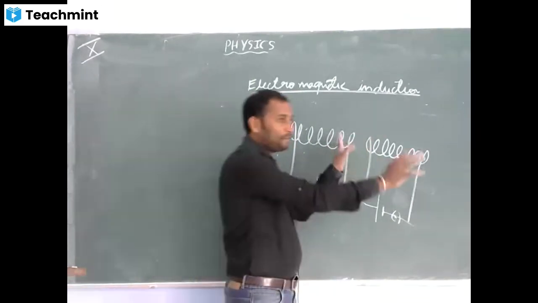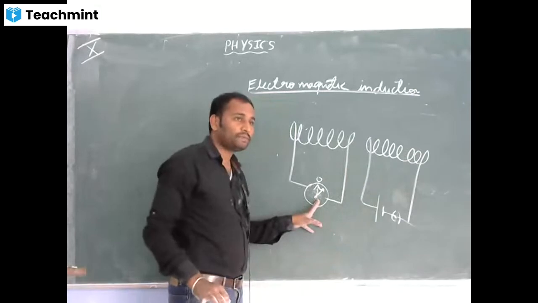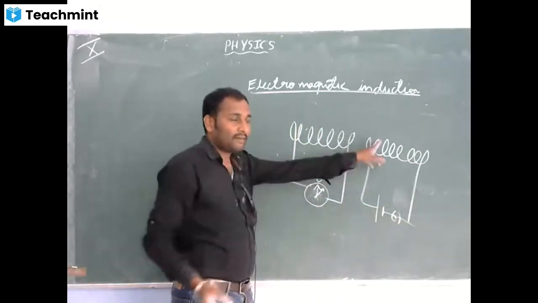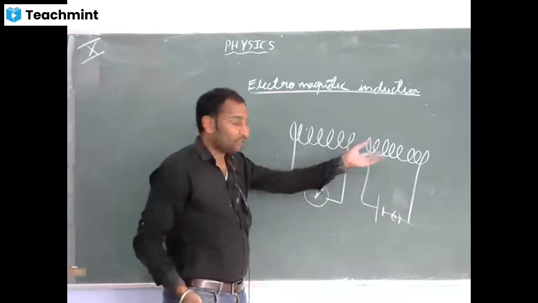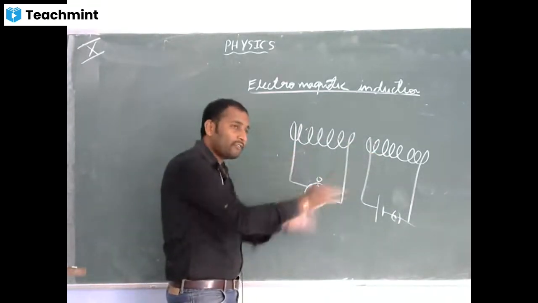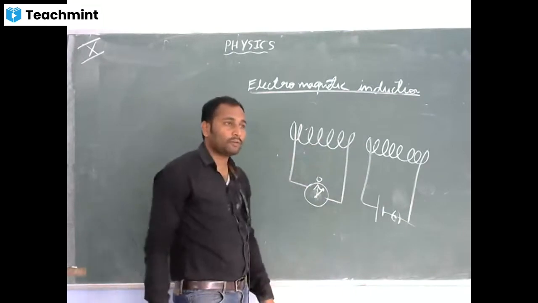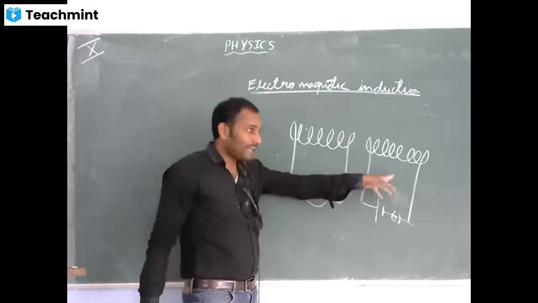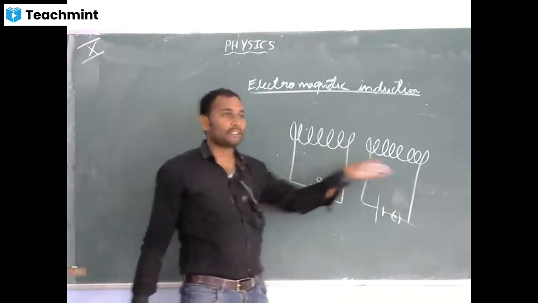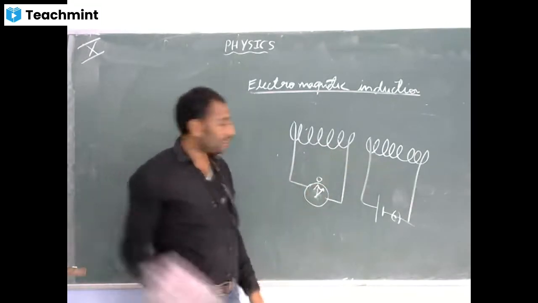Once they are set up, it will come back to zero. Again, when I remove the key, they will start collapsing, so it will show deflection in the opposite direction. Once they completely collapse, it will come back to zero. So this is called the coil experiment. Earlier one, magnet coil experiment. This is coil experiment. Is that clear?